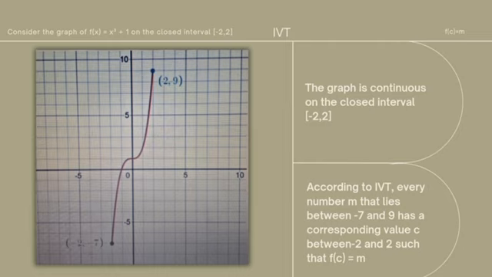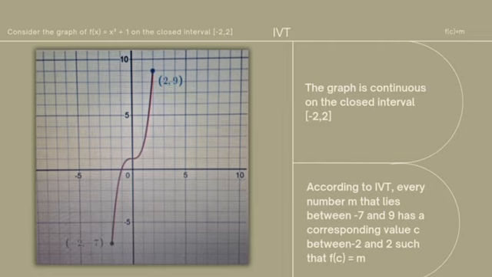Ay may corresponding c na m, so horizontal line lang ang makukuha din natin. Value c, which means value yun ng x-axis. Then ang m natin sa vertical line, doon natin kukunin sa y-axis. So again, the graph is continuous on the closed interval negative 2 to positive 2.